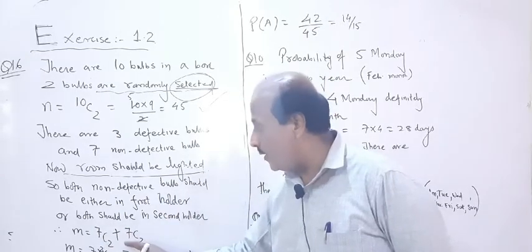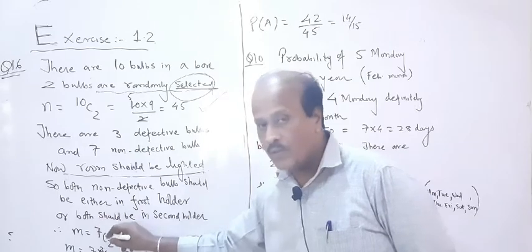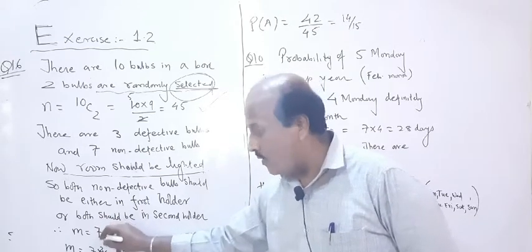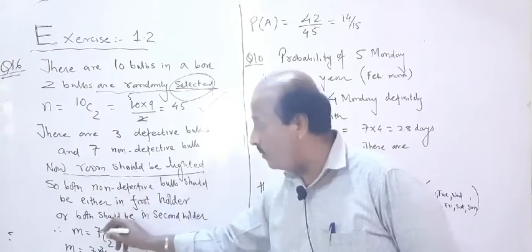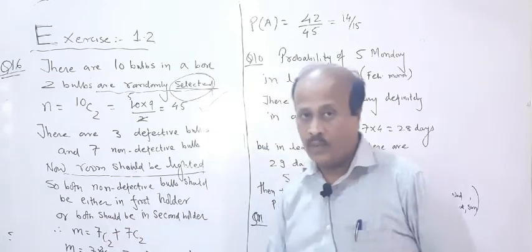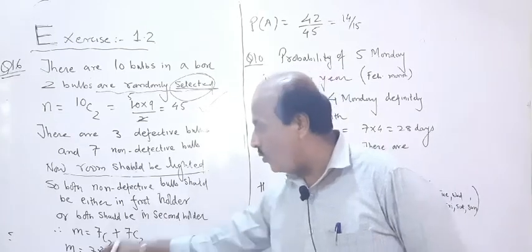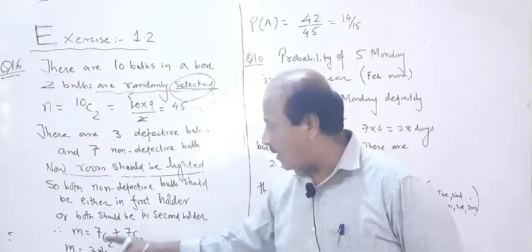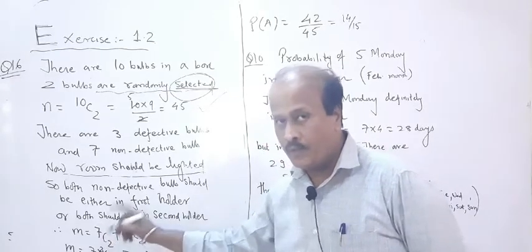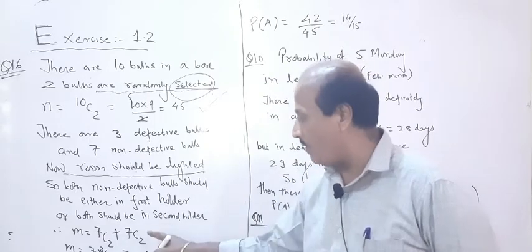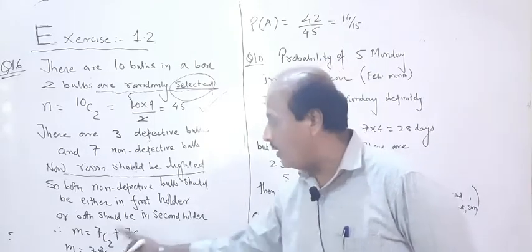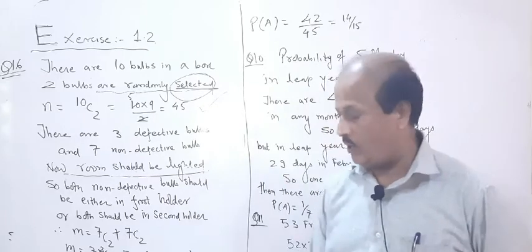But there are 2 holders. Either in the first holder, out of the 7 non-defective bulbs 2 are to be selected, or otherwise the other option is 7C2. There are 2 options given. 7C2 non-defective bulbs in 2 holders one by one. The bulb can be in any one of the 2 sockets.